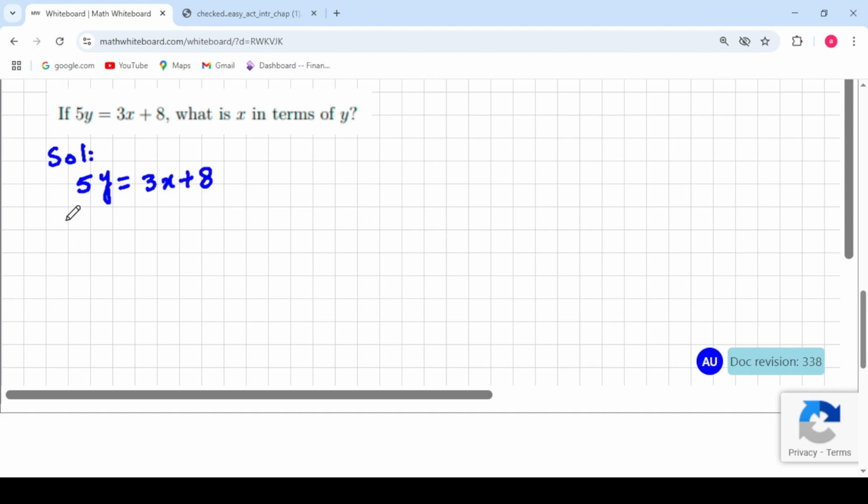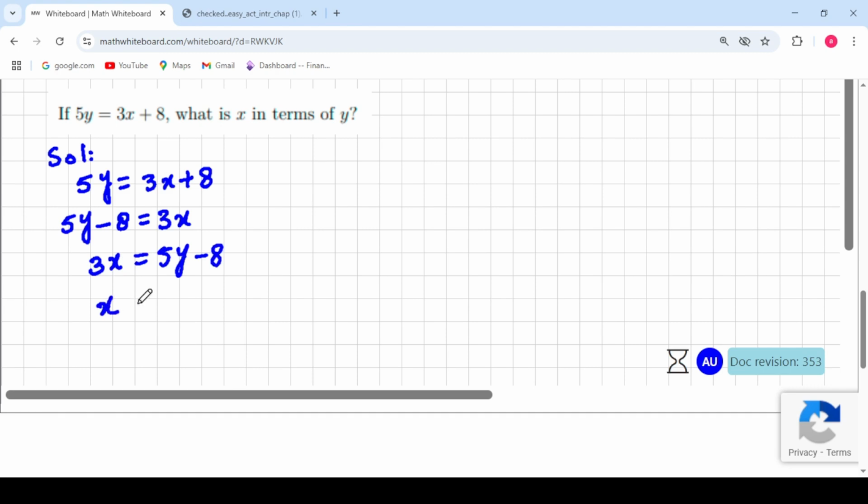For this, I can write here 5y as it is. So we have to separate x. So I will take this plus 8 to the other side. It will become 5y minus 8 is equal to 3x. So we can replace the sides. For example, we can write 3x here and 5y minus 8 here. So we have to separate the x.